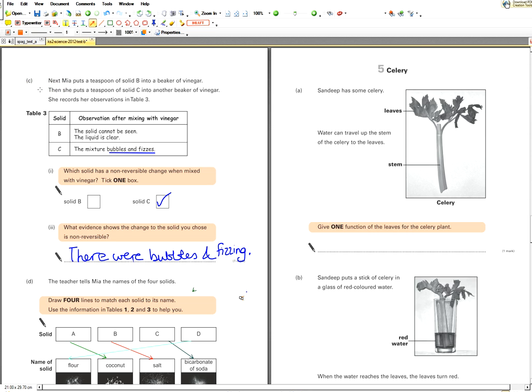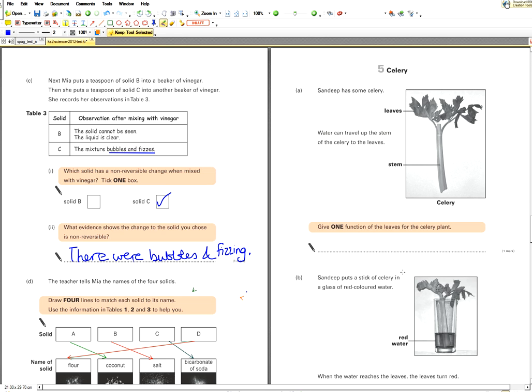So, can we see the lines? A is coconut, B is salt, C is bicarbonate of soda, and D, I think we need to do D again. Oh, done it wrong. So D is flour. Lovely.